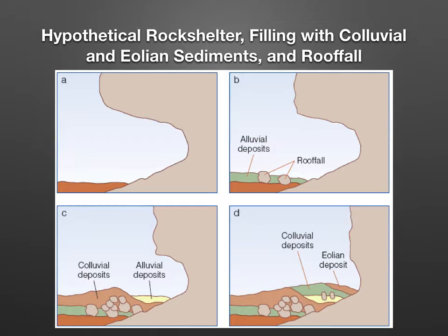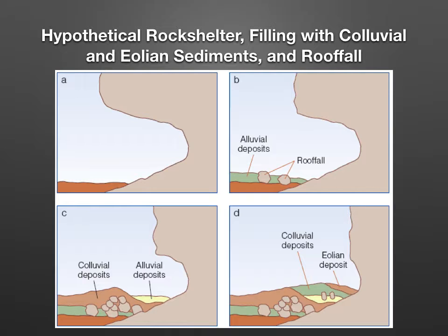But nonetheless, it's over this colluvial deposit, and you find a lot of colluvial deposits in rock shelters because the rock shelter itself is disintegrating. If you have another flood, you'll see they've got this alluvial deposit now, and it's being captured inside the lip of the cave.